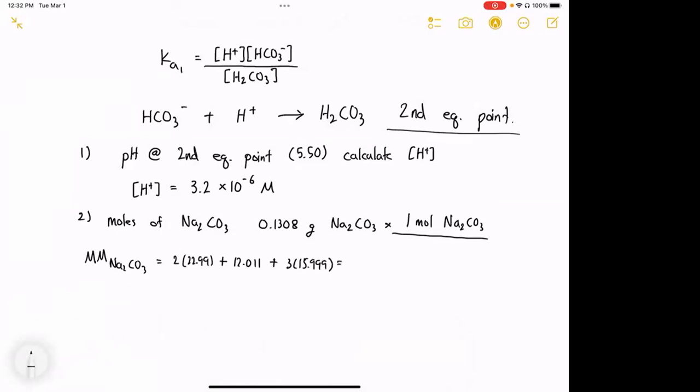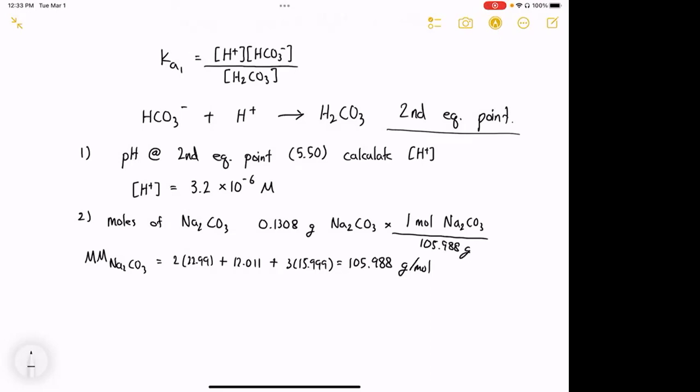Okay, so we add those all up. 22.99 times 2 plus 15.999 times 3 plus 12.011. I get about 105.988 grams per mole.